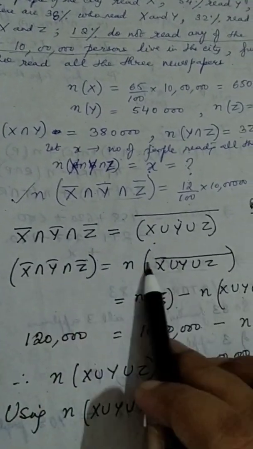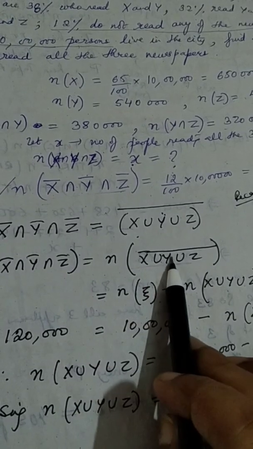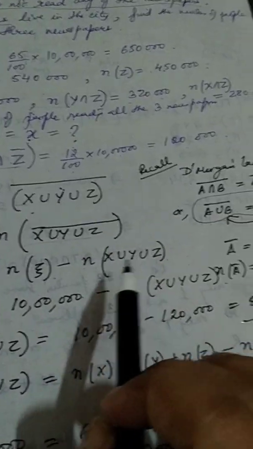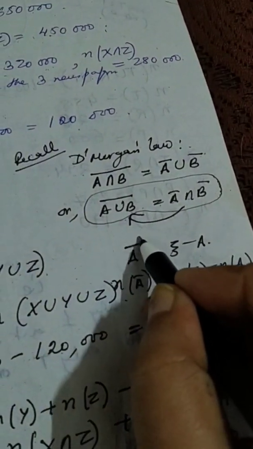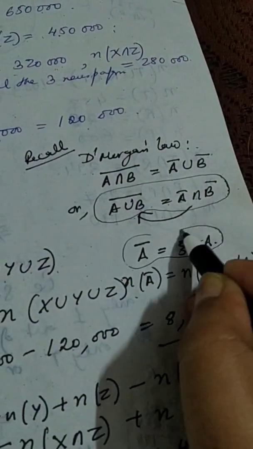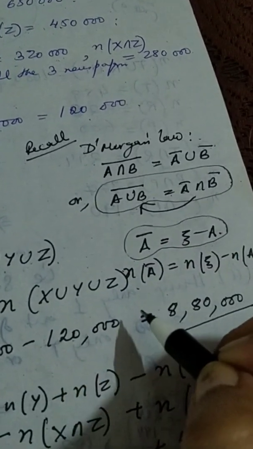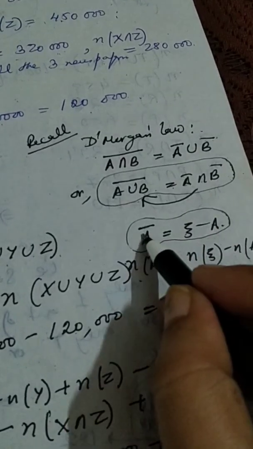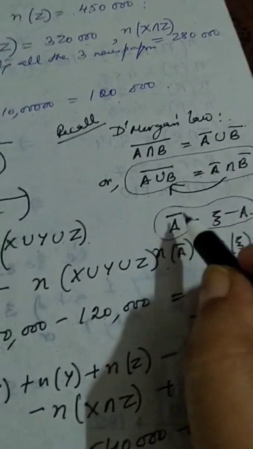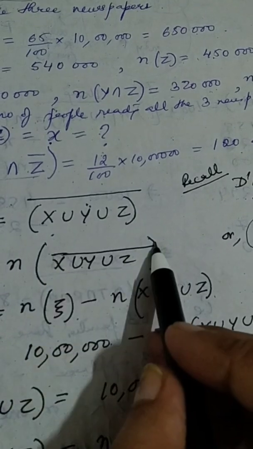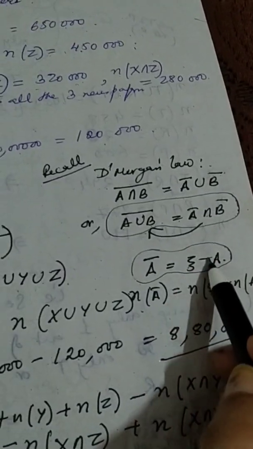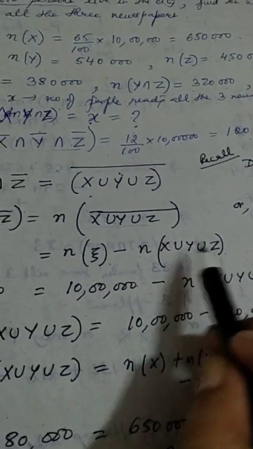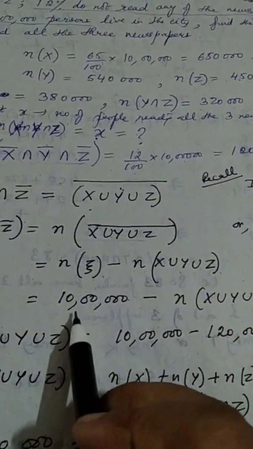So cardinal number of this will mean this, and n of A bar means n of Xi minus n of A. If you remember, I've written here that for any set A, A bar is the universal set minus the set A itself. So in place of A, whatever I write, in this case it is X union Y union Z whole bar, it will become n of Xi minus n of X union Y union Z. The total population is known to me as 10 lakhs.